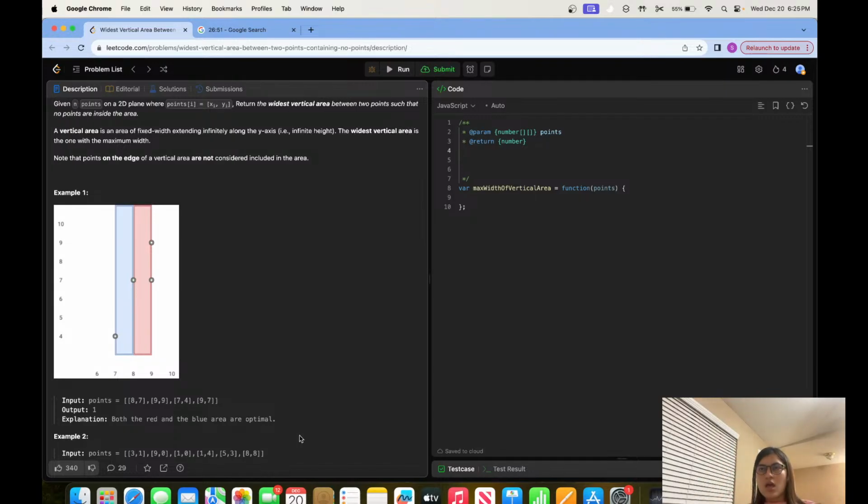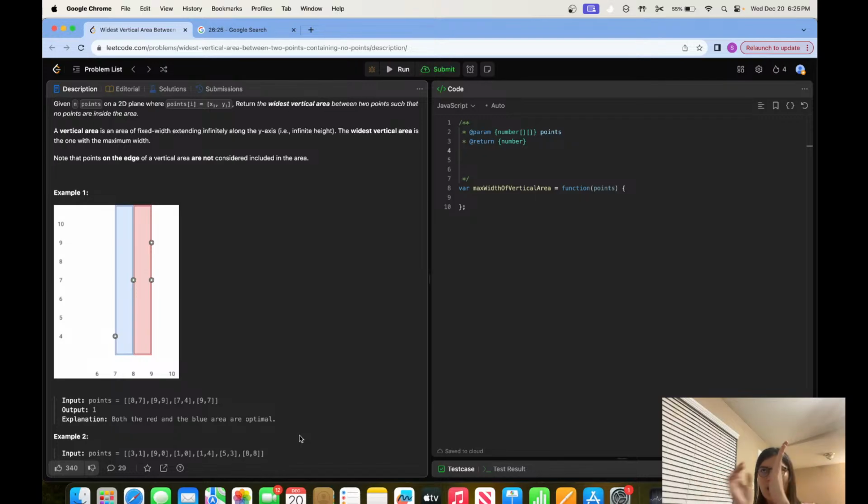I just need to return the biggest width between two points. Yes, that is it actually. I should find any two points and return the biggest width between two points.